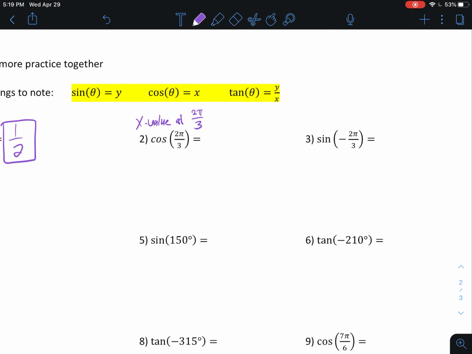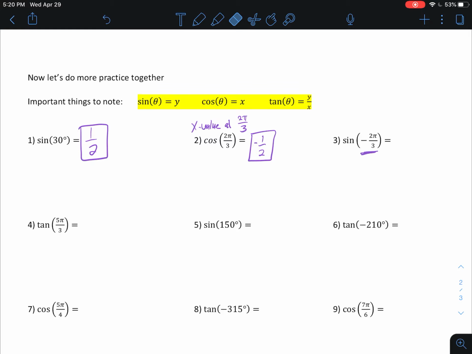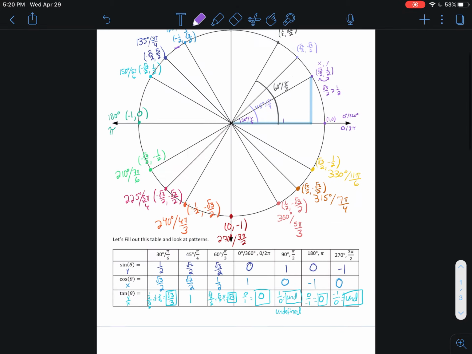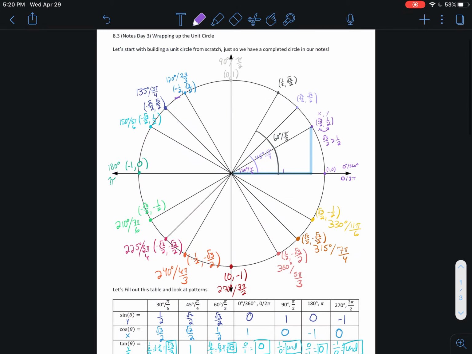This is asking us for the sine of -2 pi over 3. Okay, so this is a little bit different approach. So now we need to go in the negative direction. So this would be -pi over 3, because that's -60 degrees. So then for -2 pi over 3, we would just need to add another pi over 3 to it.